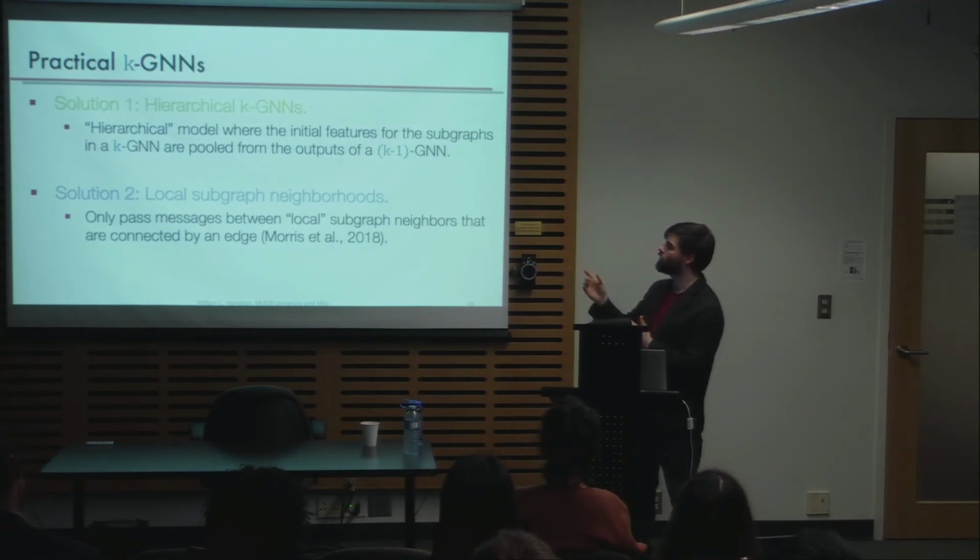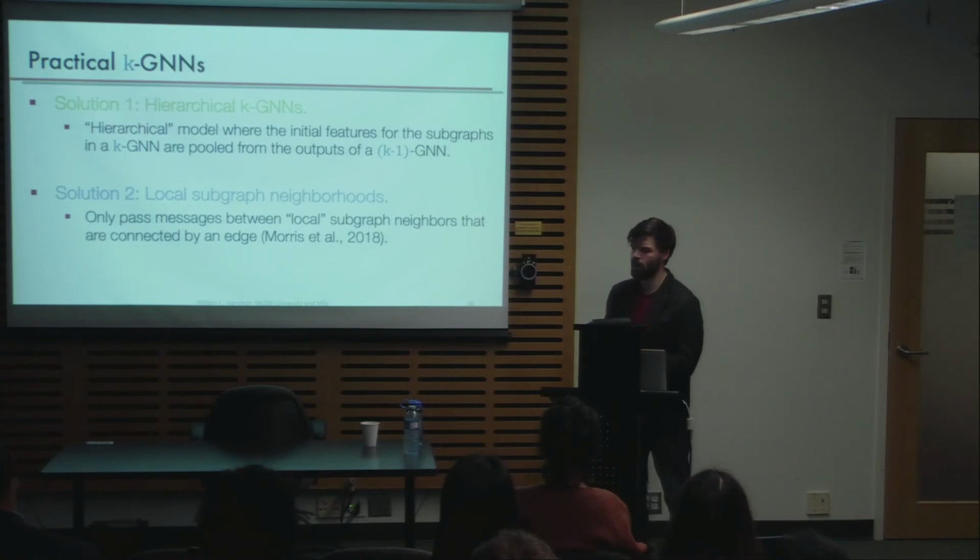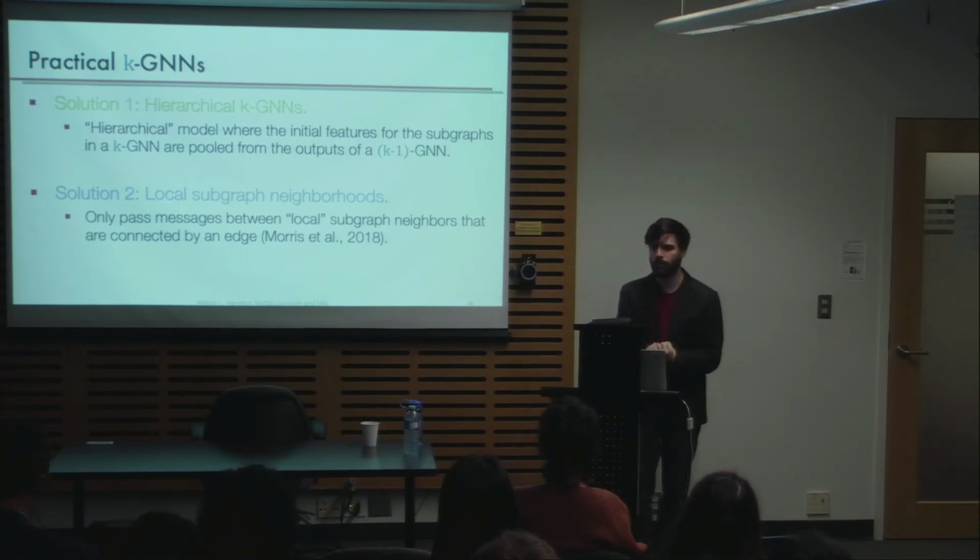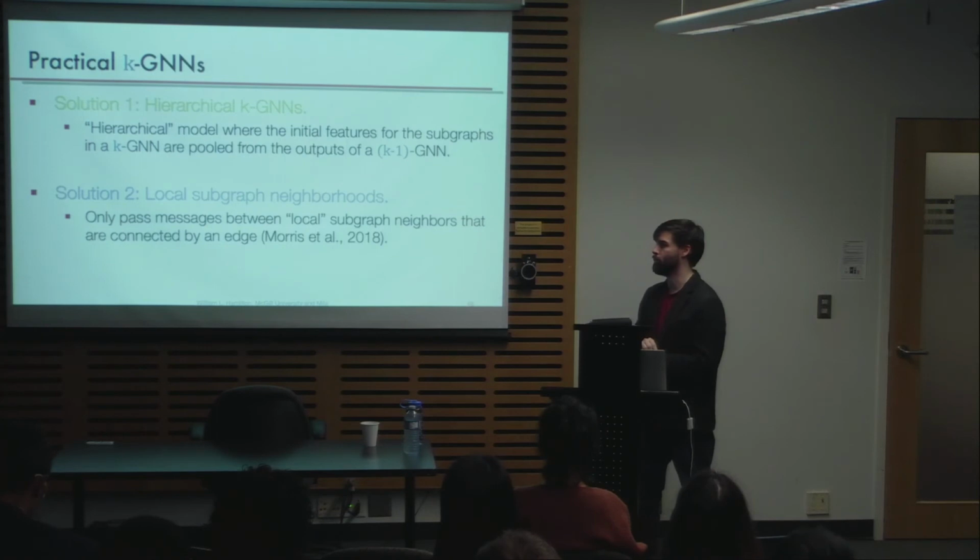The other thing that we do is that rather than just using the formal graph theory definition of neighbors between subgraphs, which is combinatorially explosive, we use a more practical technique that people have used for developing graph kernels, which is we say that two subgraphs are neighbors of each other if they share at least one node and there's an edge connecting at least two other nodes in the subgraph.